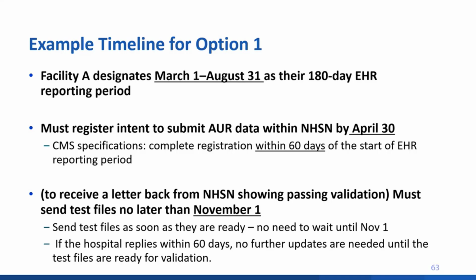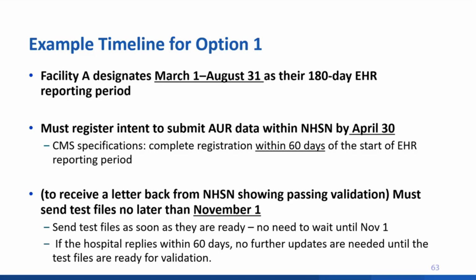Here's an example timeline for option one. For facility A with a designated 180-day EHR reporting period from March 1st to August 31st, the timeline for submitting AUR data begins with registering intent to submit within NHSN by April 30th. According to CMS specifications, this registration must be completed within 60 days from the start of the EHR reporting period.